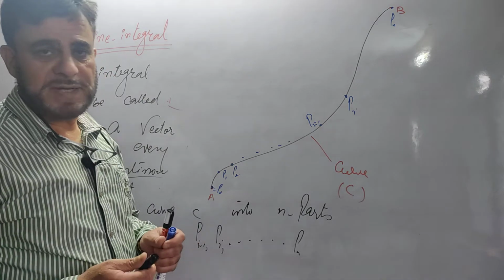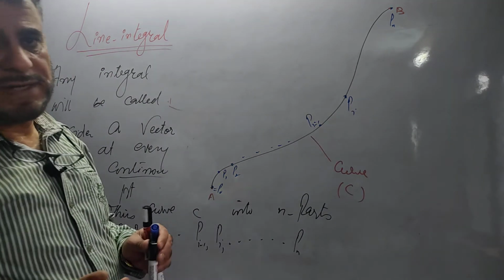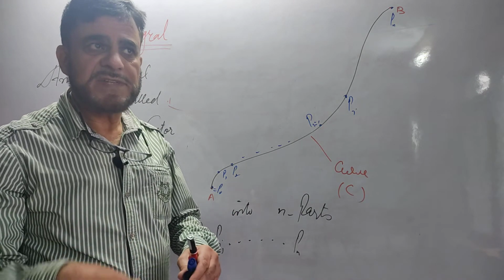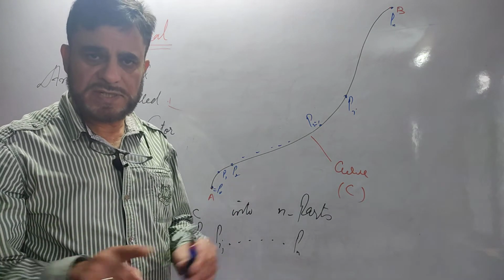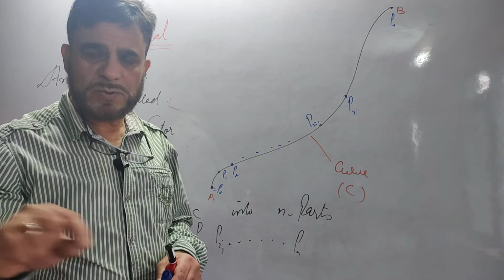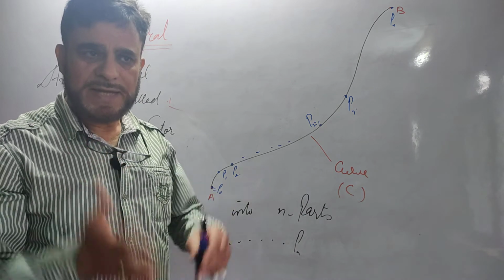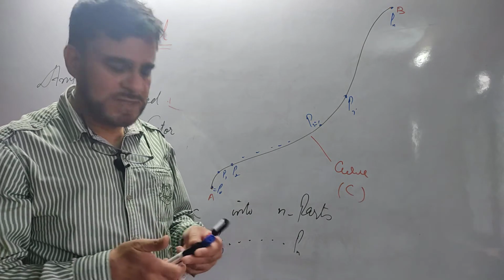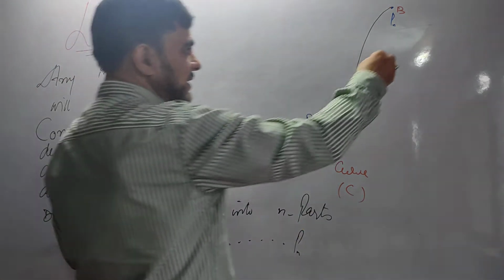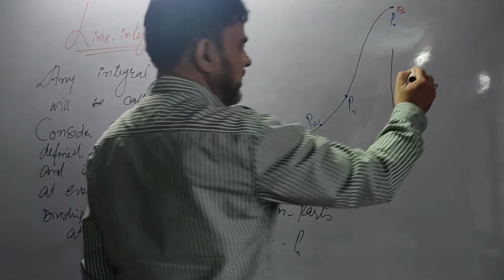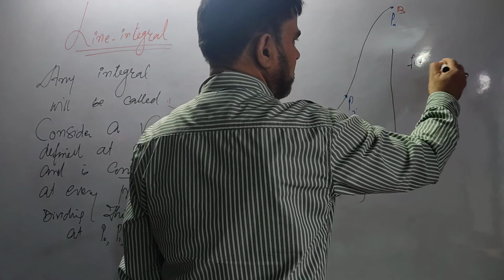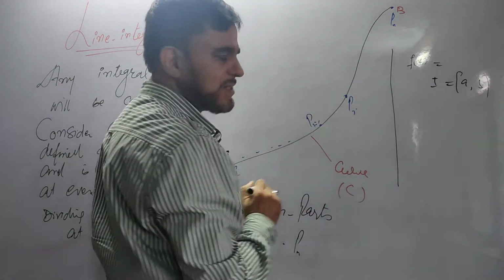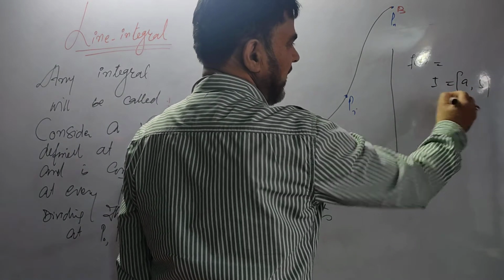The reference is your Riemann integration. How did you do Riemann integration? You first take a function f(x) which is defined, which satisfies some conditions on a closed interval AB. Then we divide the closed interval AB into n subintervals. I will give you the reference here. We take f(x) defined on some interval I equal to the closed interval AB satisfying some conditions. Then we divide it into n subintervals.